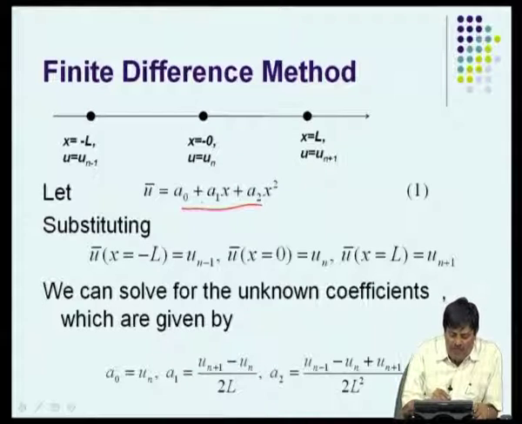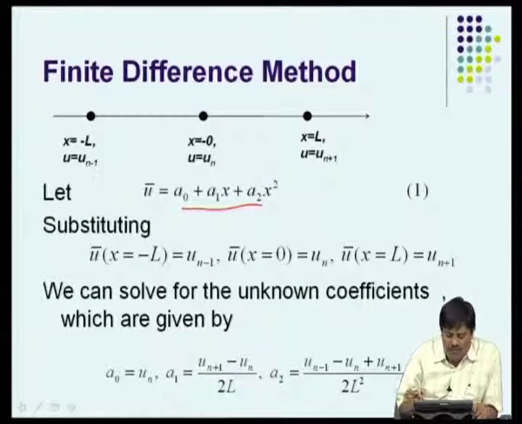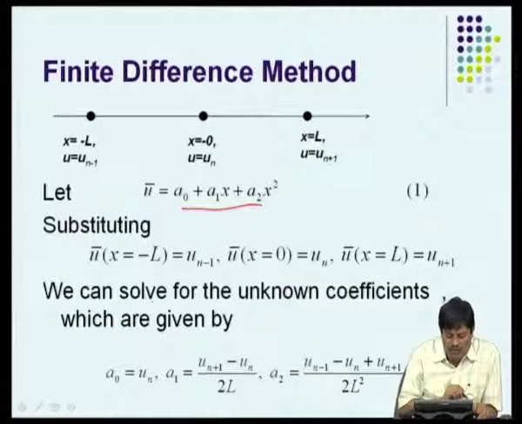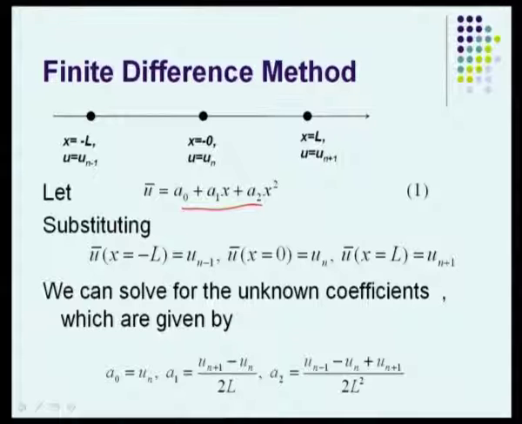When we plug this into equation 1, we get a relationship between the unknown coefficients a0, a1, a2 and un minus 1, un and un plus 1. So, a0 will be un, a1 will be given by this and a2 will be this.